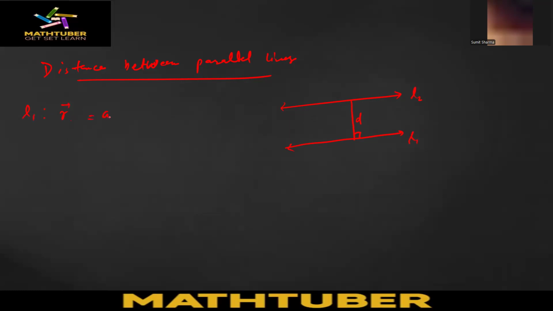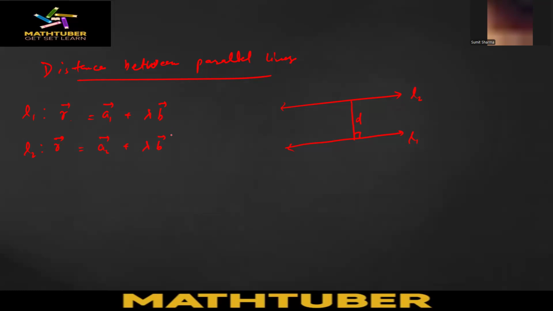R vector is equal to A1 vector plus lambda B vector, and for L2 this is R vector equal to A2 vector plus lambda B vector. So B vector is common in both, right? So B vector will be common.